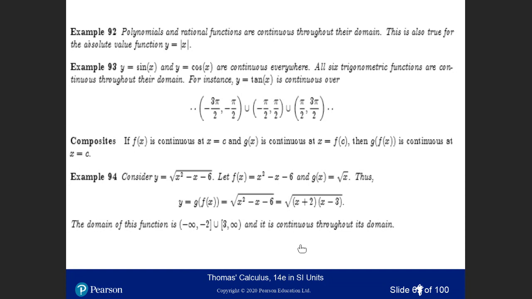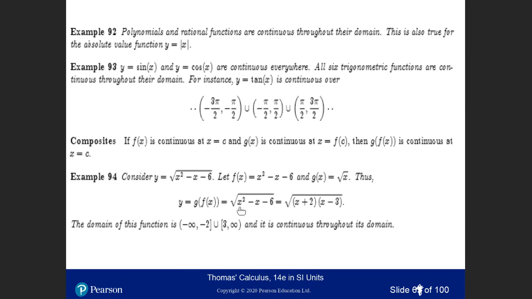So this is continuous throughout the domain because f of x is continuous everywhere. Its domain is all real numbers. It's continuous everywhere. g of x is the square root, and its domain is [0, ∞). g of x is defined except for negative values.